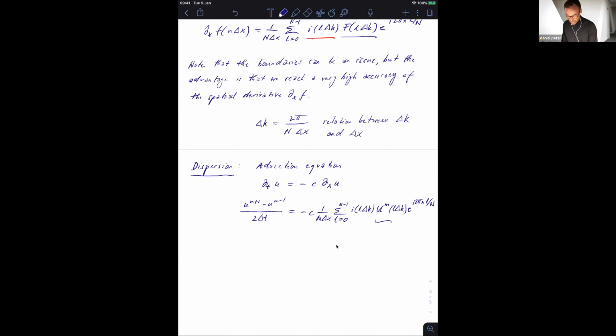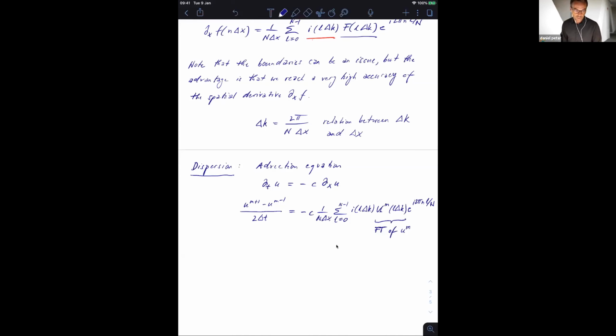So this capital U function, that's our Fourier transform of our small function in space domain at time m. So the right-hand side we evaluate at time m, and on the left-hand side you have a simple central finite difference scheme for the temporal derivative.